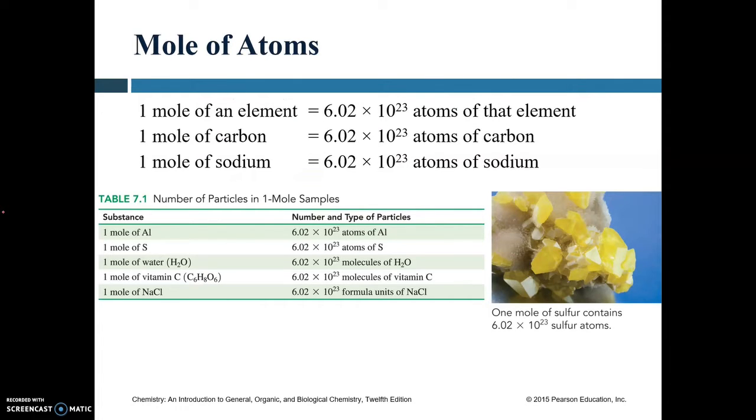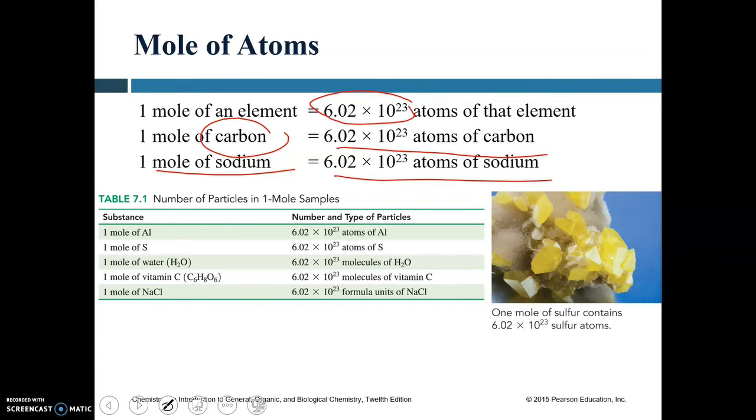So 1 mole of an element contains this exact number of atoms of that element. If it's 1 mole of carbon, that exact number of carbon atoms. If it's 1 mole of sodium, the same exact number of sodium atoms.